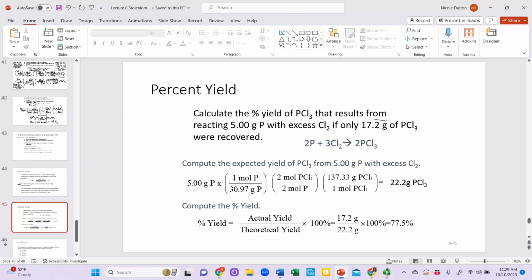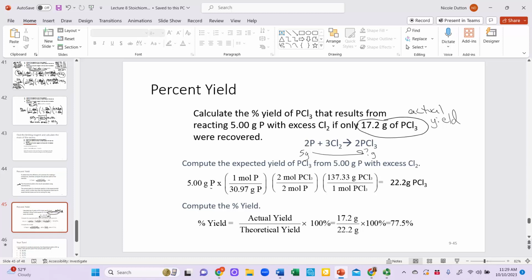So this is what was recovered. This is our actual yield. So now they want to know what the theoretical yield is. So if we start with 5 grams of P, how much should we theoretically produce?